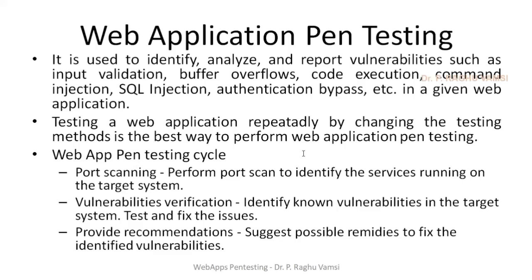The reason is a concept called the pesticide paradox. Pesticide paradox is a very famous paradox in testing, which means that you should not use the same test case every time when you are testing an application.